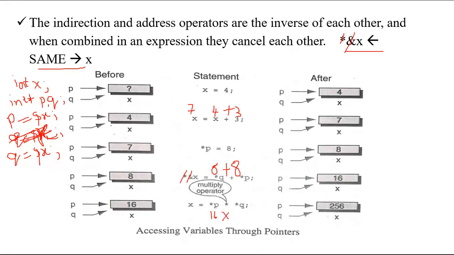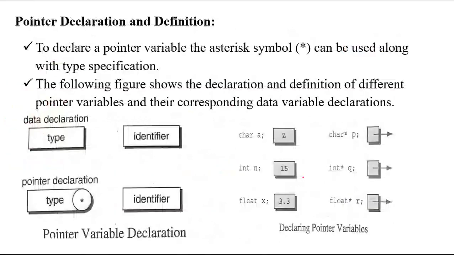Then multiplied with value of Q, that is again value of address of x, which is nothing but value of x, that is 16. Same thing you will get over here, 16. 16 multiplied with 16, you will get 256. So in this way, you have to analyze these statements. Hopefully you got it. Quickly, we'll go to the next statement.